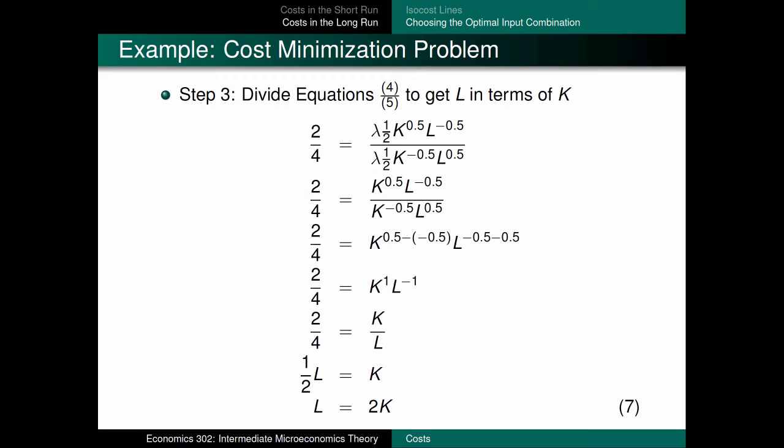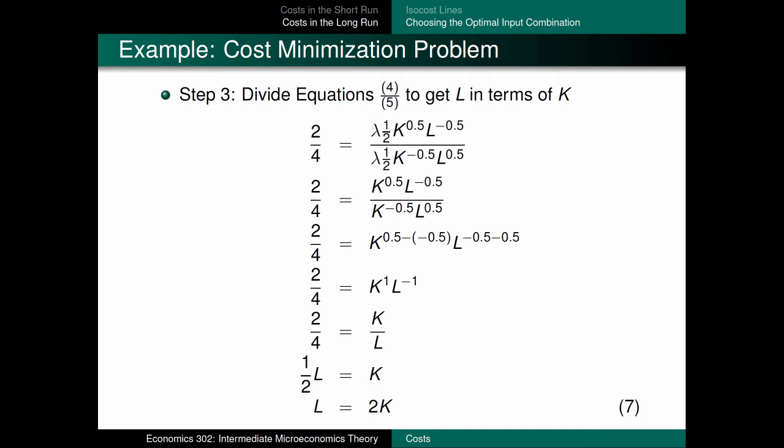So dividing those two equations, we get that first line, which is 2 over 4 equals lambda times 1/2 times K^(1/2) L^(-1/2), divided by lambda times 1/2 times K^(-1/2) times L^(1/2). Notice that the lambdas and the 1/2 cancel out on the right hand side, so that 2 over 4 is equal to K^(1/2) times L^(-1/2) divided by K^(-1/2) times L^(1/2).